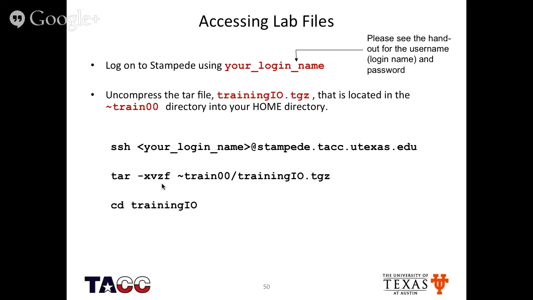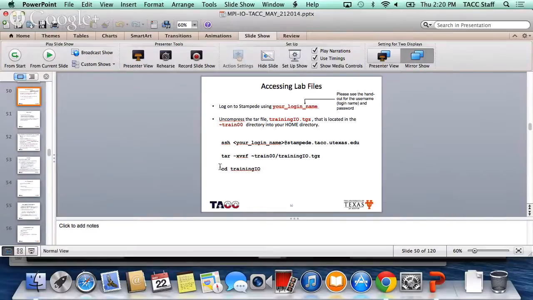You see what more I have to cover. Looks like it goes into the directory instead of training all of it. So just create the training directory and go into it. Yeah. So it's combining the copying and untarring together. It didn't create the directory. It just put them where you are. Okay. And it will be a directory called training IO, right? It didn't create that? It just grabbed the files. Oh, okay. So we need to create the training IO directory. Maybe then, in that case, we should have this here.